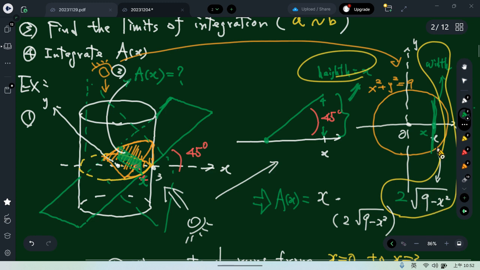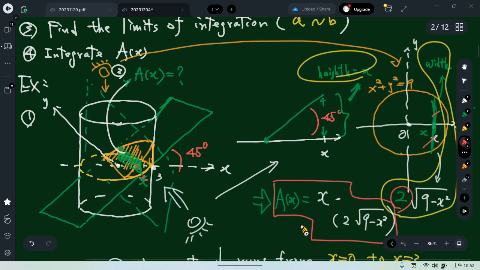When your x is x here, then your half-width should be the square root of 9 minus x squared. Then two parts, here is 1, here is 1, so there is 2. Then for each rectangle, you can just get this one.